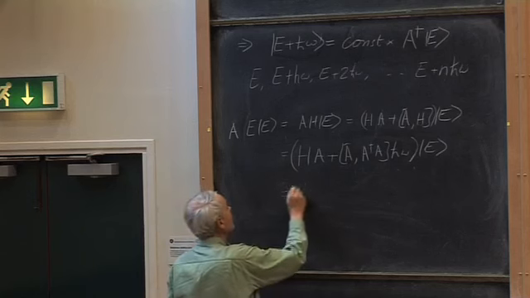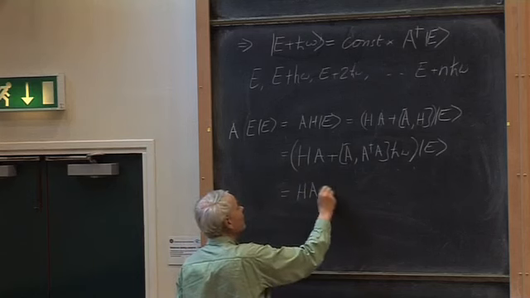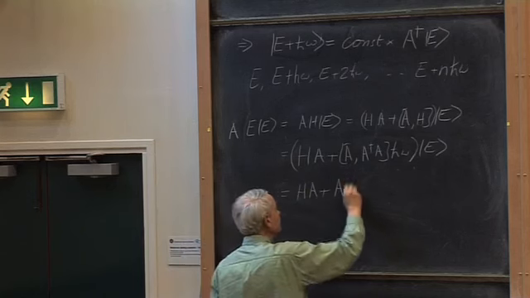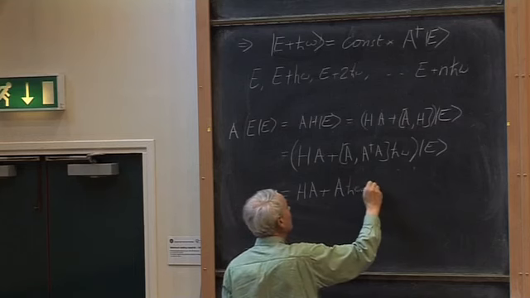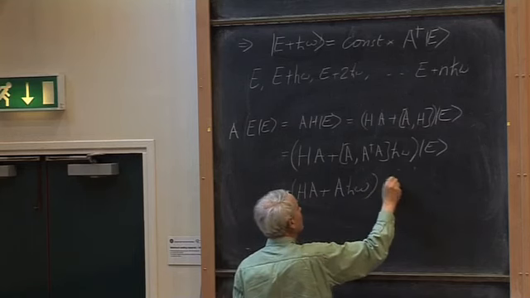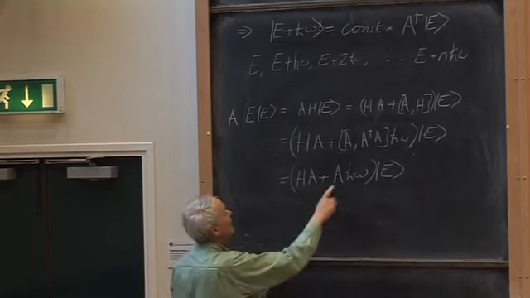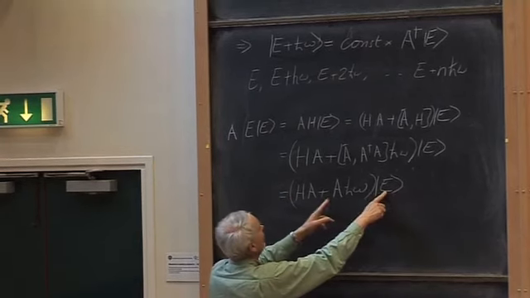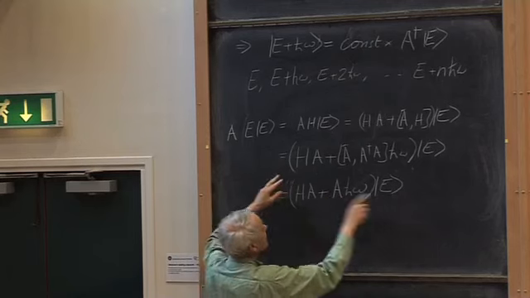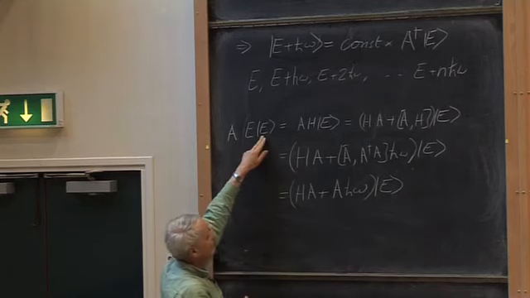So this becomes HA plus A h bar omega E. So we have an AE with no operator in front on this side of the equation, but we have the same thing on that side of the equation.